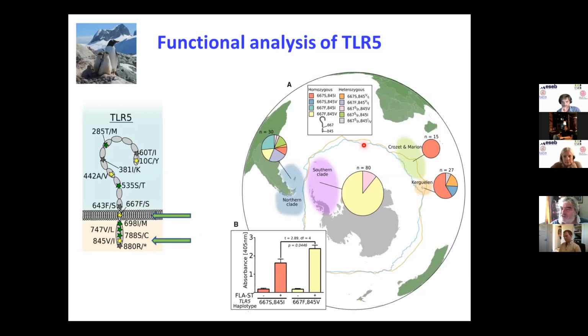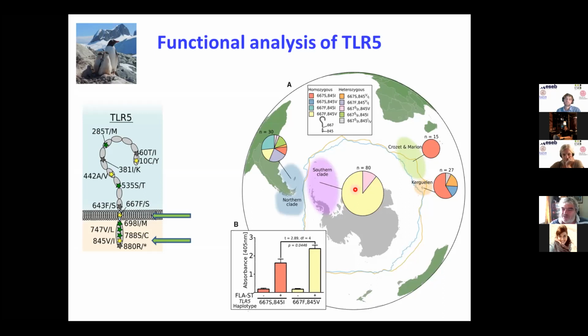So if we look at the Crozet gentoos, which are considered to represent the ancestral population of gentoos, then these had one particular haplotype, and these gentoos then migrated in a sort of clockwise spiral to end up with a southern clade of gentoos, which are subpolar front. And in these gentoos, we saw a dominance of a different haplotype of TLR5 that was essentially a derived form, and almost one haplotype made up all of the sequences of TLR5 we obtained.